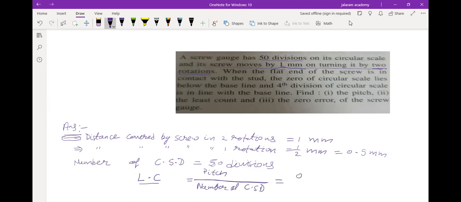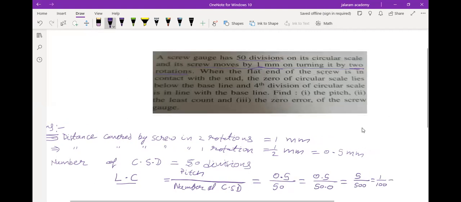Now pitch is 0.5 upon number of circular scale divisions is 50. So 0.5 upon 50.0. Now with one digit decimal in both numerator and denominator, 5 by 500 is 1 by 100.